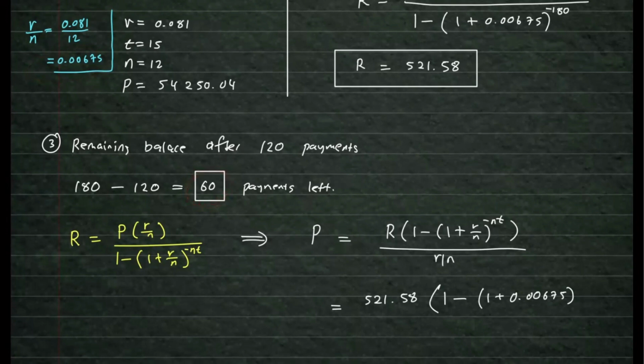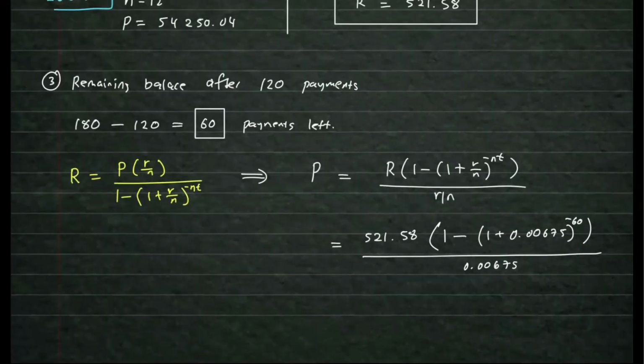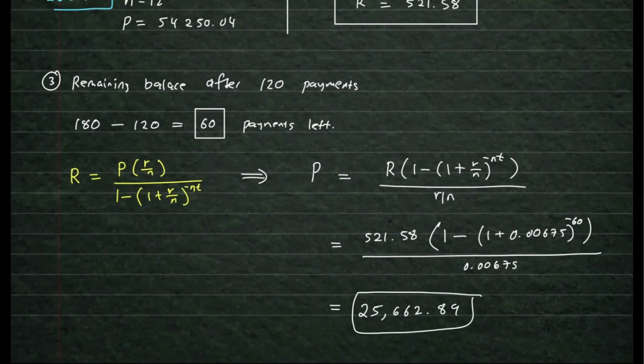You don't have to calculate, just substitute. This will be negative 60 payments left, all over R over N, that's 0.00675. This will give you their leftover balance. If you put this in your calculator very carefully, you will have about $25,662.89. That is how much they still have to pay to the loan company.